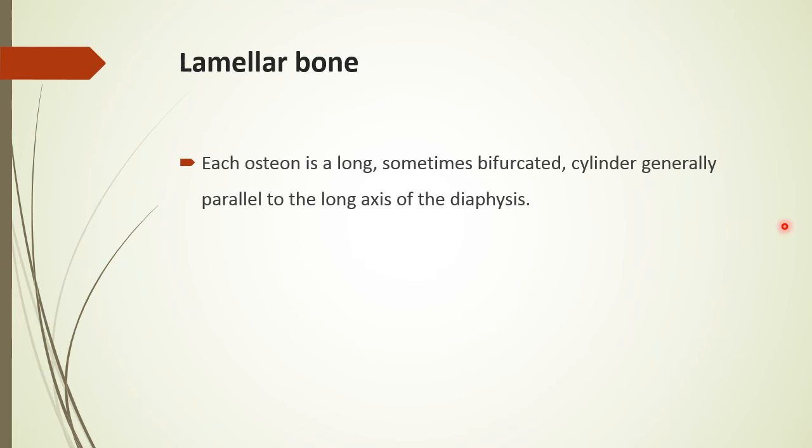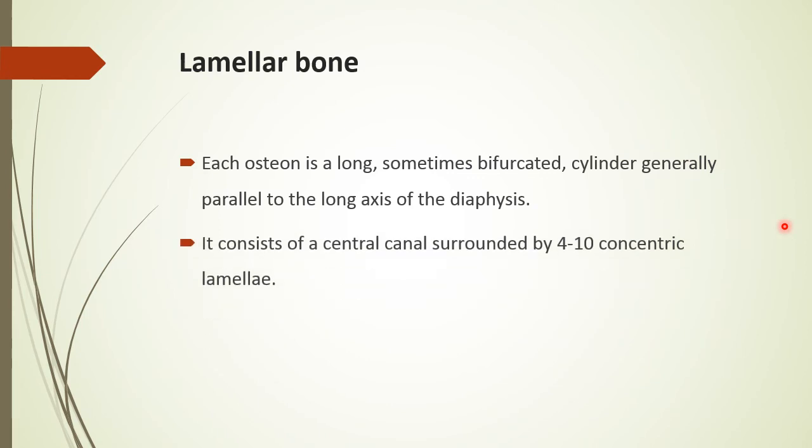So any osteon or Haversian system is a cylinder, sometimes bifurcated, and this cylinder is parallel to the long axis of the diaphysis of the long bone. It consists of a central canal. Each Haversian system or osteon consists of a central canal surrounded by 4 to 10 concentric lamellae.